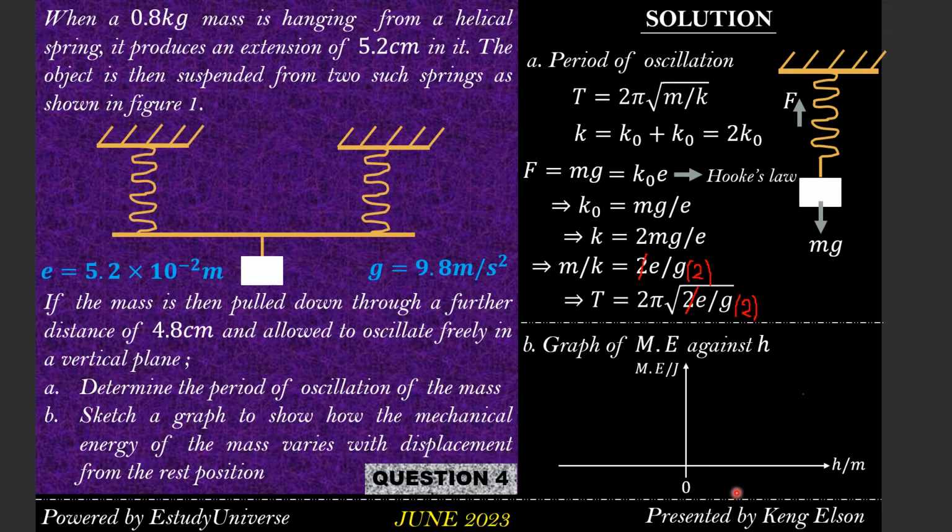So you clearly see the maximum displacement and the minimum displacement. Since it was pulled down through a further distance of 4.8, it means that the maximum displacement is 0.48, since I'm dealing with meters. So when it's pulled down, it goes back up. My reference frame says when you go down, you are positive, and when you go up, you are negative.